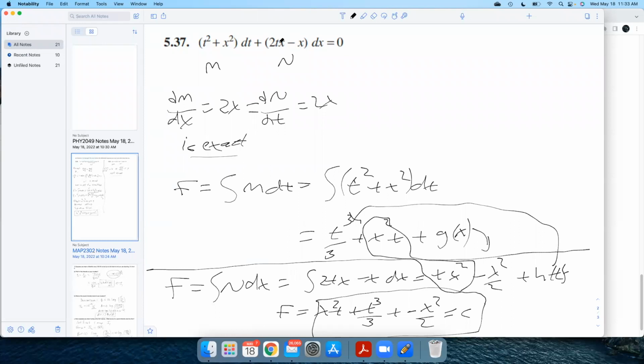Okay, 2x. Right, so I've got 2tx, and if I want his partial with respect to t, the x just comes along for the ride. The 2 just comes along for the ride. Derivative of t with respect to t is just 1. So you just get 2x. Gotcha. Sorry, I'm overthinking it. It happens.